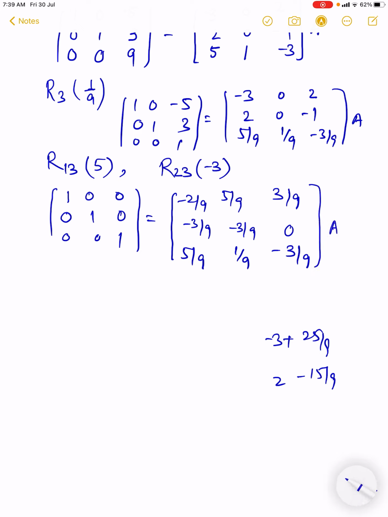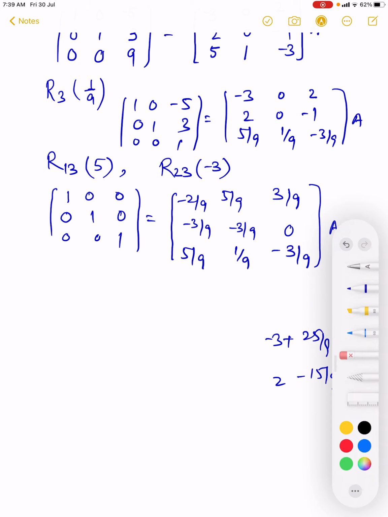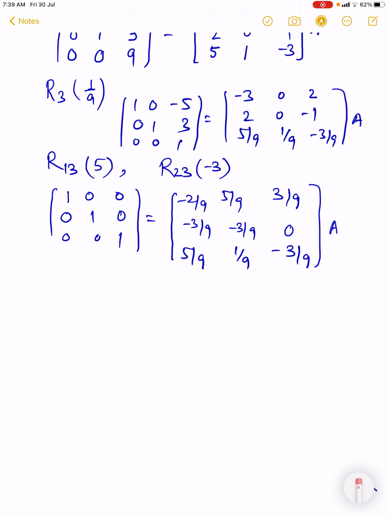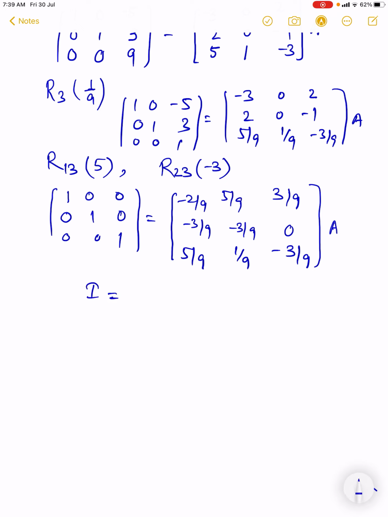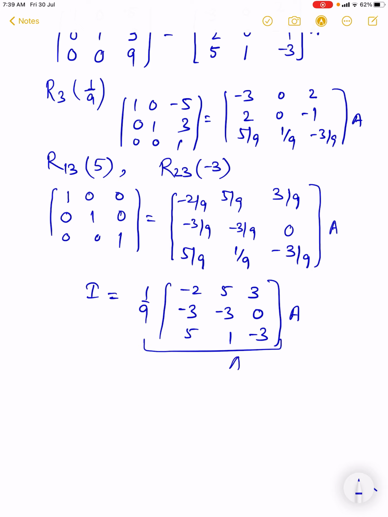So this can be written as I is equal to 1 by 9 times the matrix minus 2 5 3, minus 3 minus 3 0, 5 1 minus 3, into A. So this is A inverse.